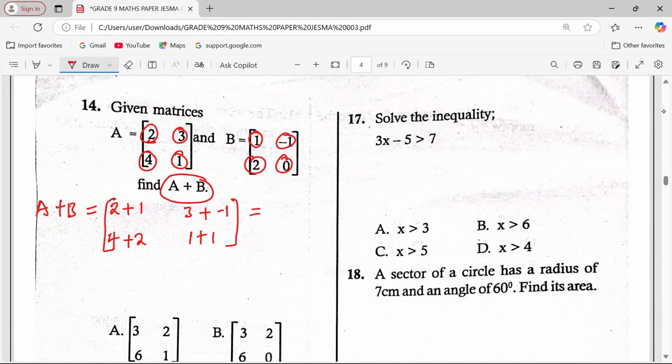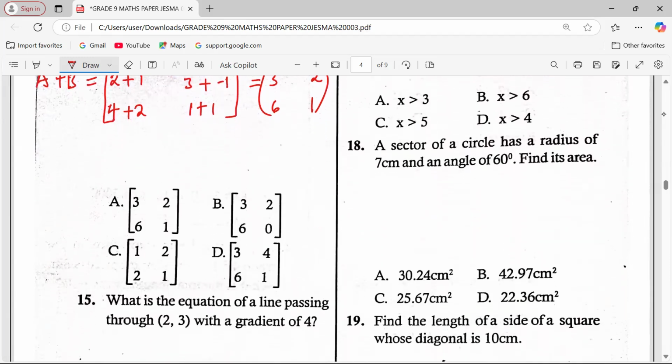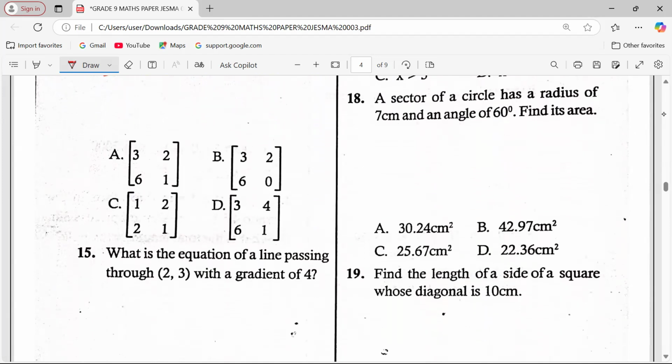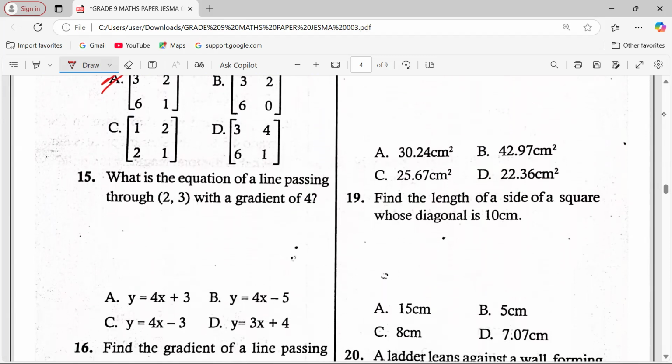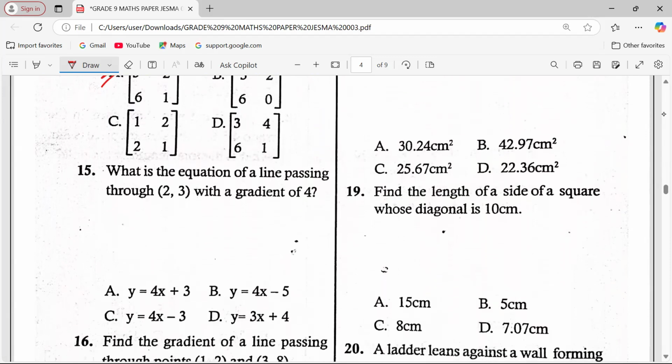So the resulting matrix is going to be 3, 2, 6, and 1. The matrix is supposed to be enclosed in curled brackets. Therefore, the correct answer at this point is going to be part A. Number 15, which is from equations of straight lines and gradients.